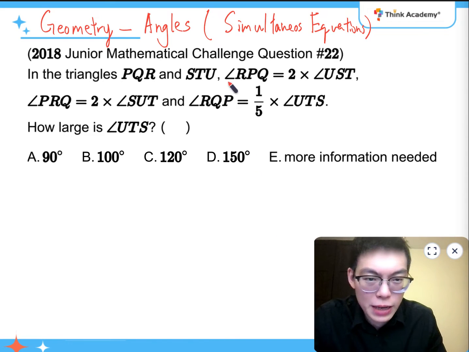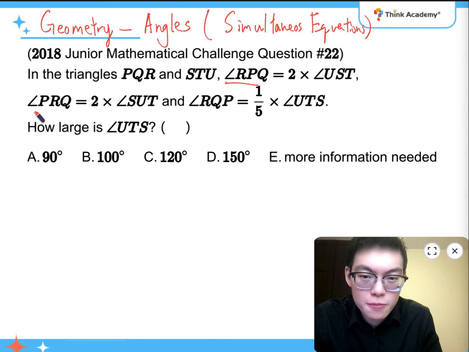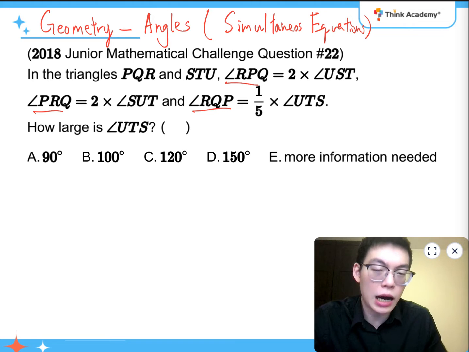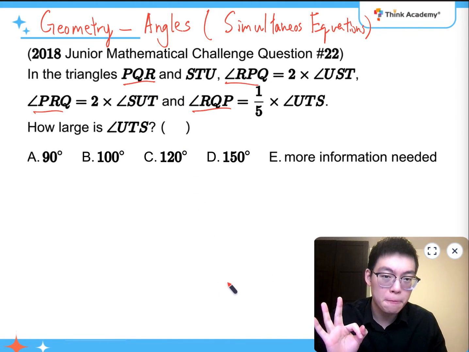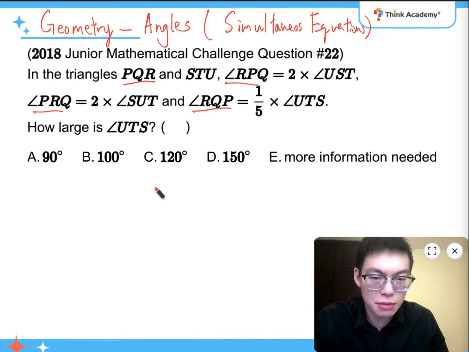First of all, we know that these 3 angles are the 3 different angles of triangle PQR, right? Which means that they add up to 180 degrees. Does it make sense?